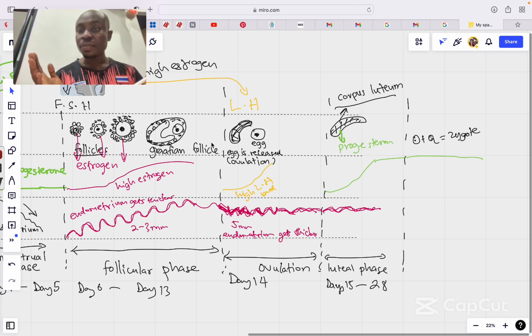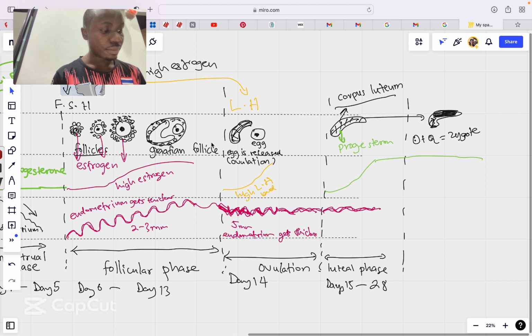What about if there is no sperm to meet to form a zygote? The corpus luteum cells will start to die. So let's draw that here. They become hard and die. We say degenerate or die off. Let's say die off. And if they die off, can they make progesterone?